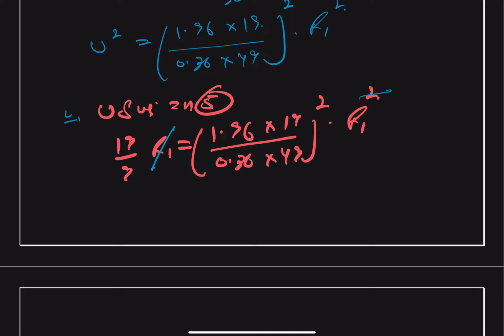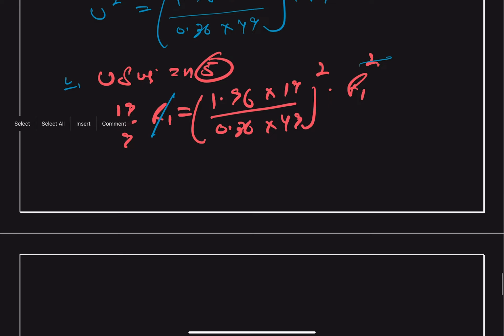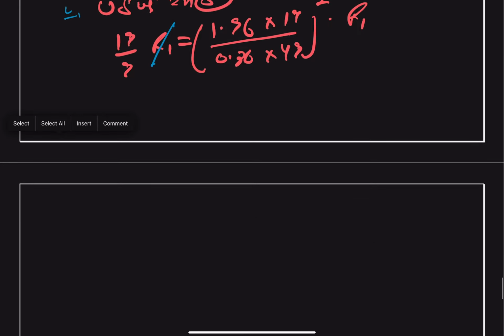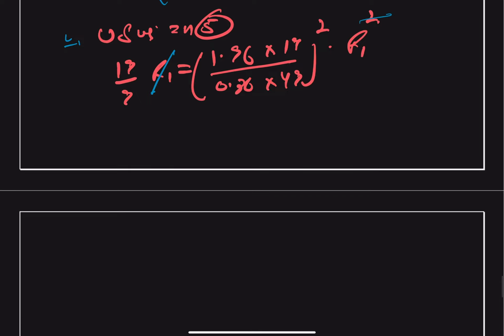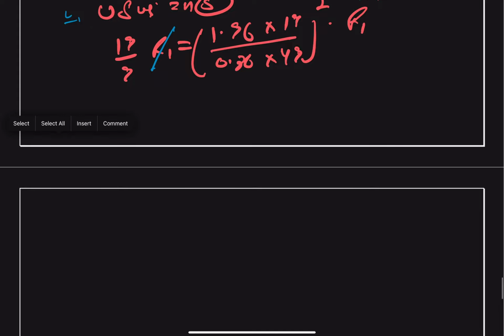R1 square, this cancels out with this. So therefore, we are going to get the value of R1, and that value of R1 will be approximately equal to 0.474 ohms.